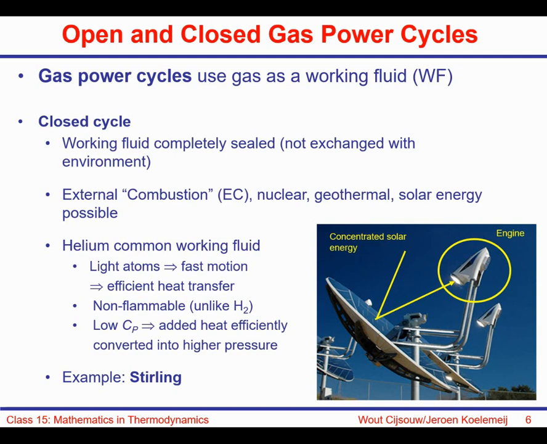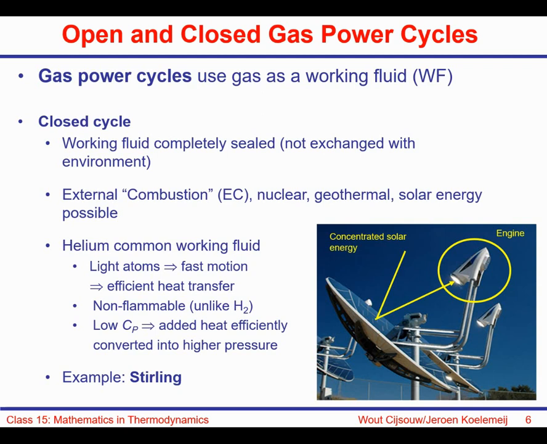It's explosive if you mix it with oxygen, whereas helium is completely inert, so that's safe. And helium also has a relatively low heat capacity, which means that if you add heat to it with the purpose of making the gas expand to generate work, then the heat that you add is really efficiently converted and not converted into internal energy of, for example, vibrating molecules or what have you.